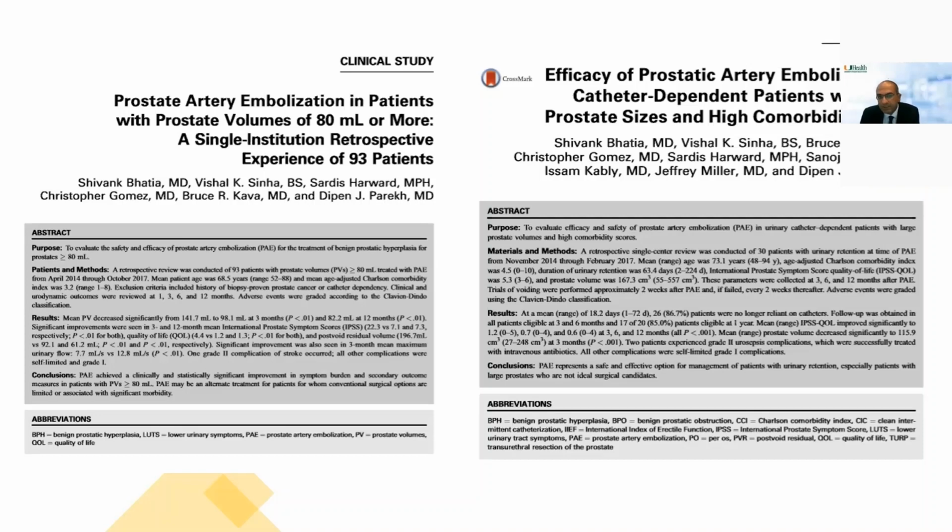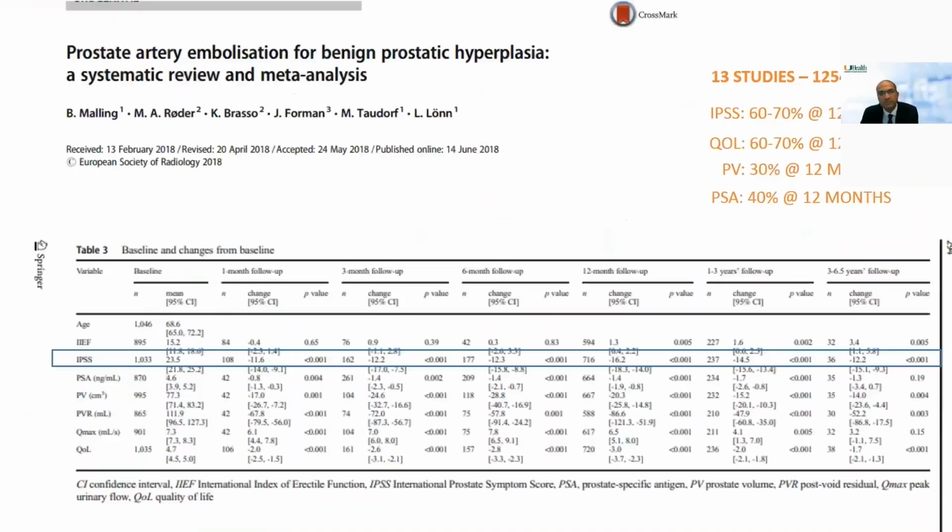For the 80 ml group at 12-month follow-up, we saw 90% success and more than 70% improvement in the IPSS score. As far as the patients with retention were concerned, 26 out of 30 were catheter-free at 3 months, and going on to 12 months.